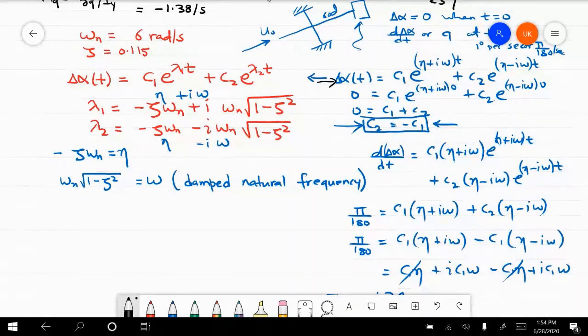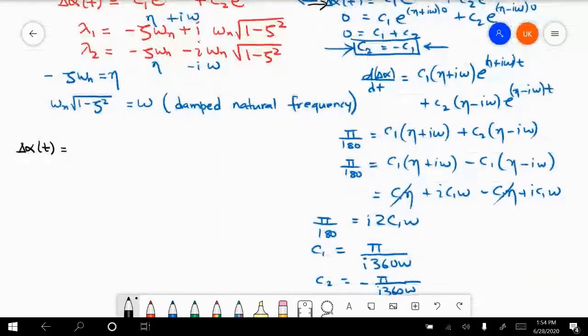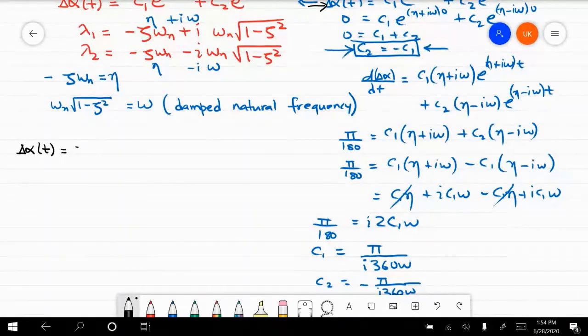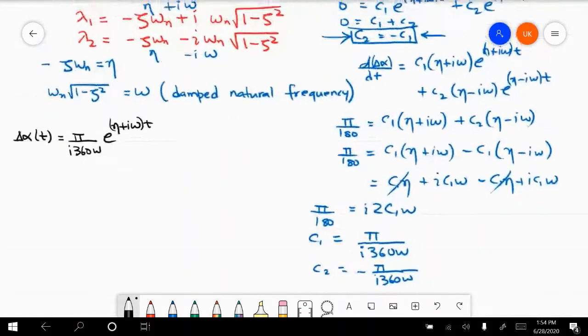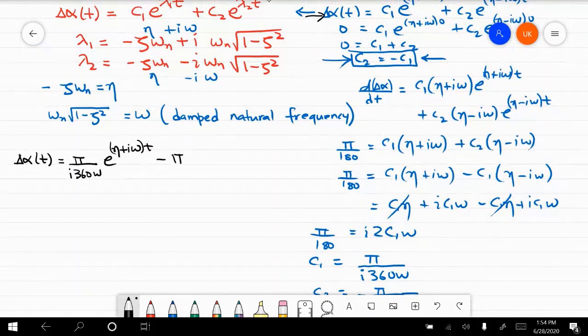We can write delta alpha of t equals to C1, that is pi divided by i 360 omega, e raised to the power eta plus i omega t, and C2 is minus pi over i 360 omega, e raised to the power eta minus i omega t.